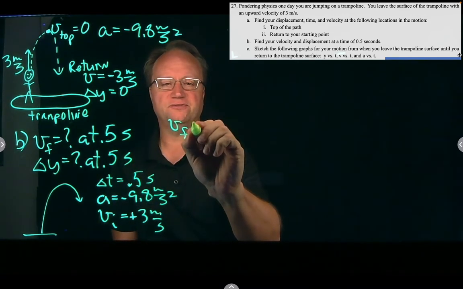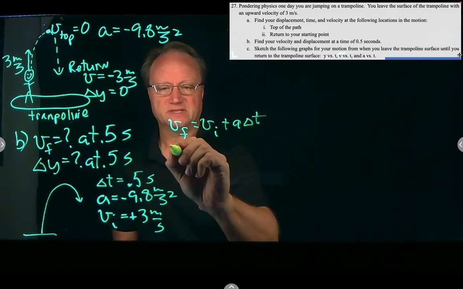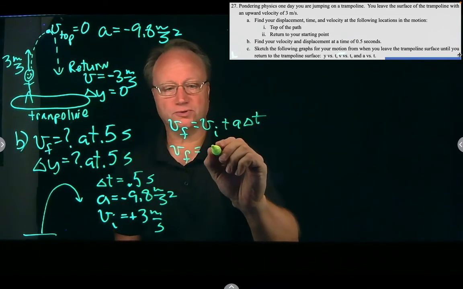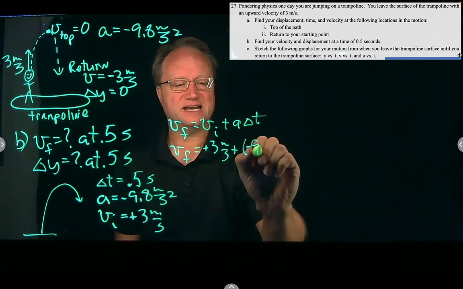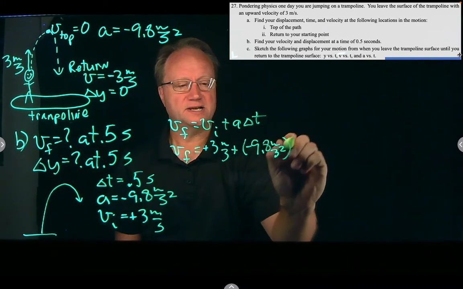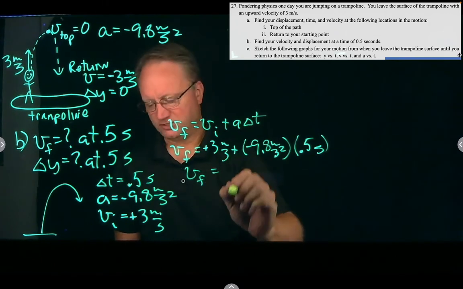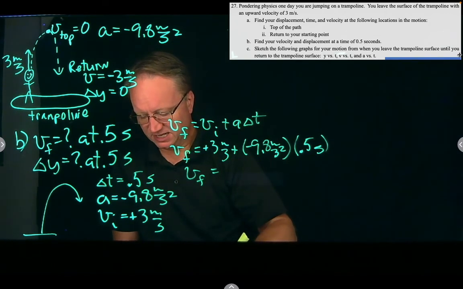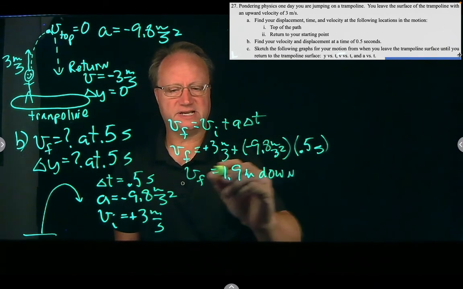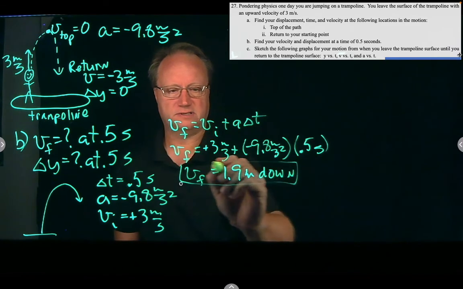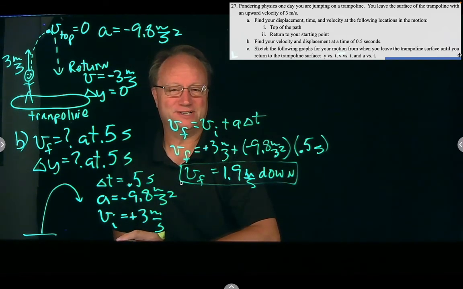So then I can go VF is equal to VI plus A delta T. So this is going to be VF equals positive 3 meters per second plus a negative 9.8 multiplied by our 0.5 seconds. So that's going to give us a final velocity of 1.9 meters per second downward.